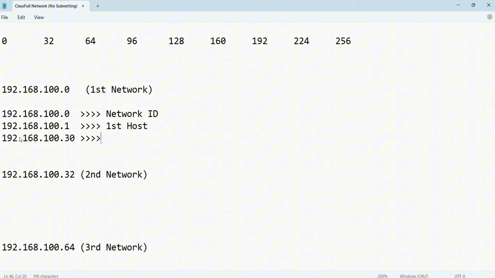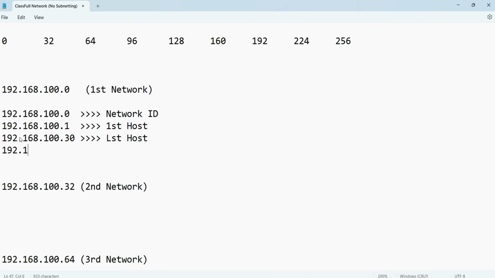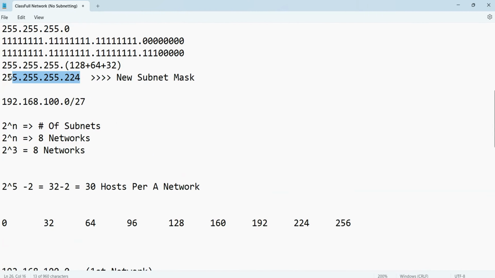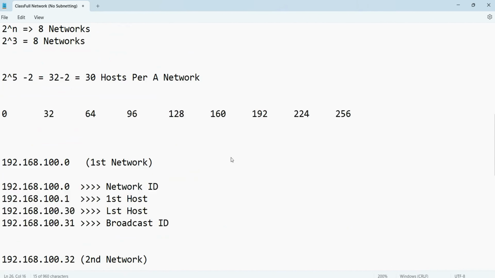And my broadcast is 31, which means I cannot use this IP address. So first host, last host, network, broadcast. Every network gets 30 hosts, from the number 1 to the number 30. And all of them are going to be a slash 27, this is my actual subnet mask. Because if I don't put this subnet mask and I leave it as a 0, my system will think I'm not actually subnetting.